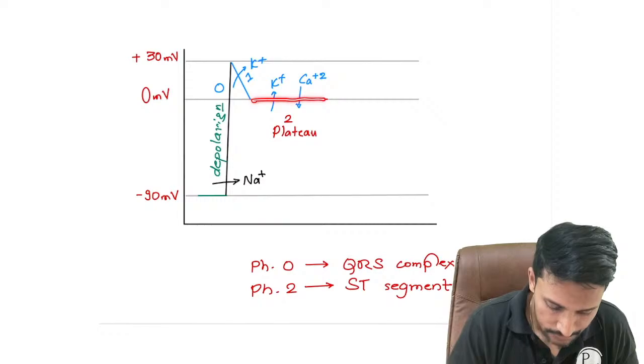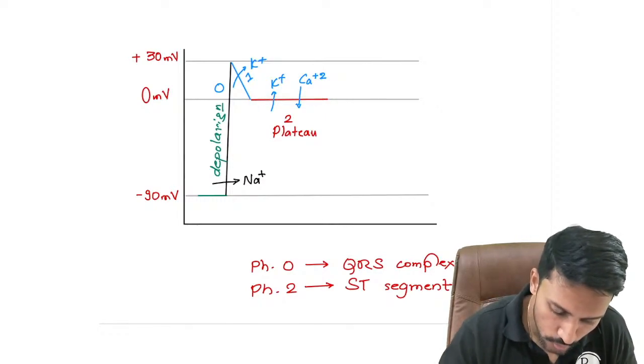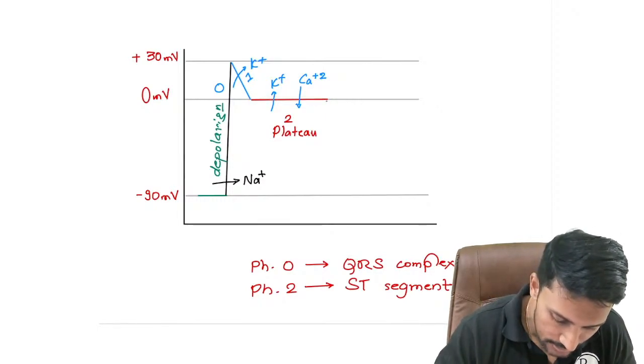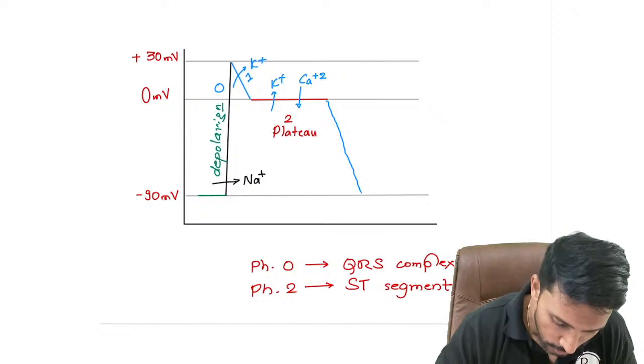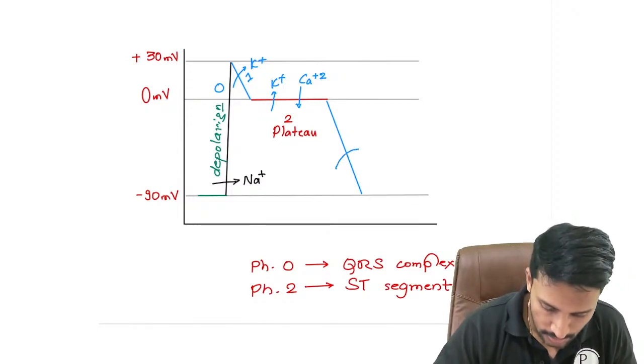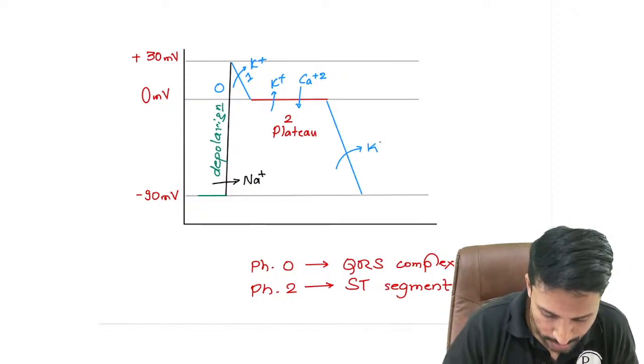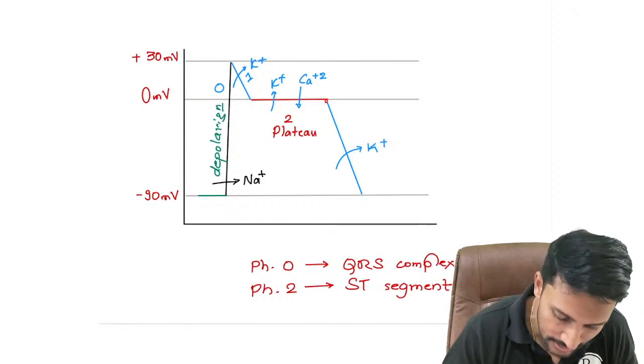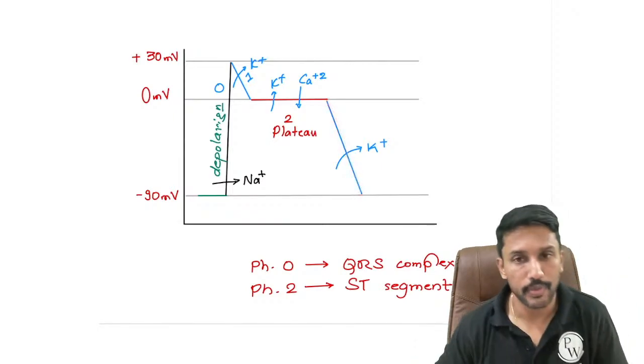Now after this, we will have continued efflux of potassium, and thus the potential decreases further. So there is continuous efflux of potassium, and thus the membrane potential decreases further, coming to the baseline.